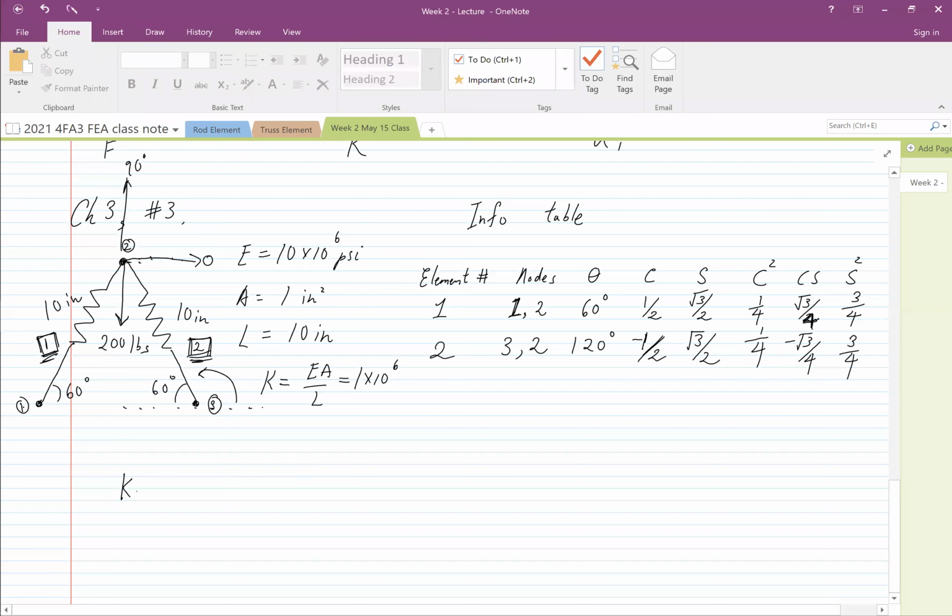Okay, K1 will be 1 times 10 to the 6. The first term will be c squared, 1/4. Second term right here diagonally will be s squared, which is 3/4. Then 1/4 and 3/4.